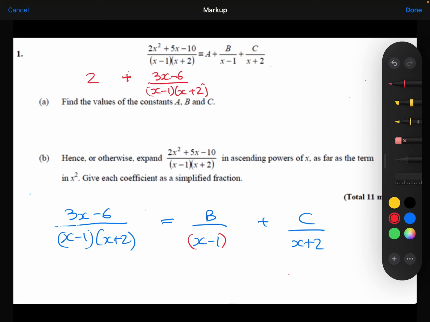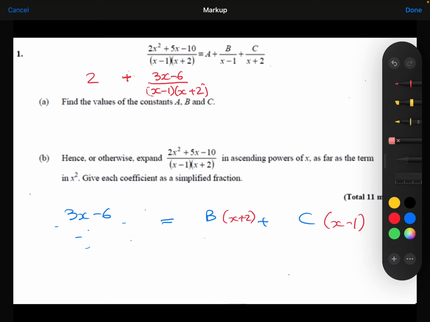On the right hand side, to get our common denominator, we multiply the b term by x plus 2, and we multiply the c term by x minus 1, so that we've got the same denominators throughout. If they are all the same, we just need to find b and c values that make the numerators the same as well.